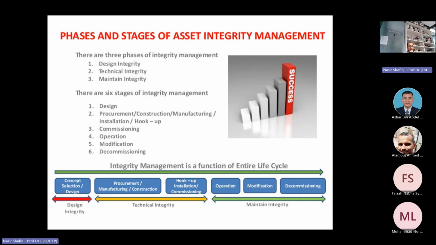So in the maintenance department they are performing maintenance integrity of the asset, which means operating conditions and monitoring, and modification if the design conditions are decaying.